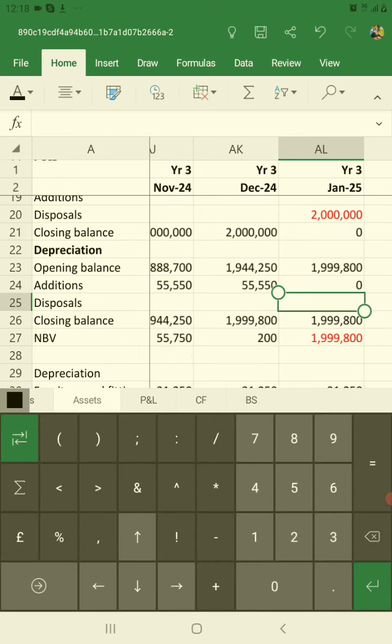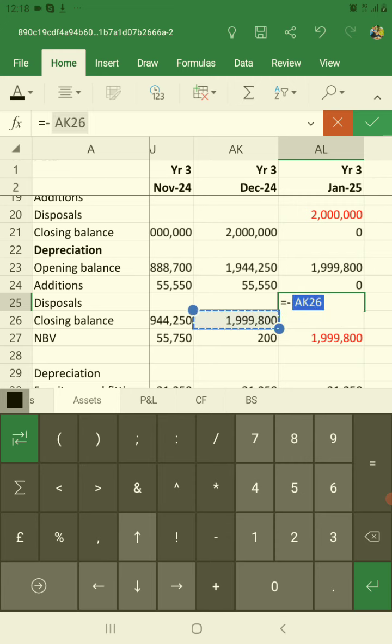So I start with an equal sign and then minus. First, as I said, all this closing balance on depreciation, accumulated depreciation, we dispose it, and also I put another minus here and then click on net book value that has remained. It is also going to be disposed.